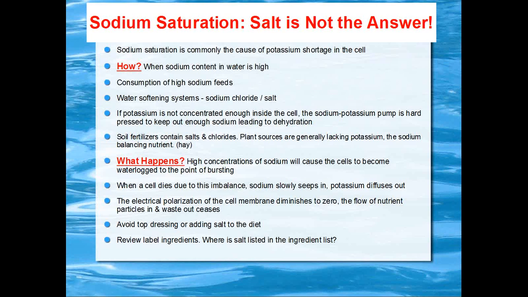Just to give you an idea, there is a negative voltage inside a neuron, somewhere between -70 to -80 millivolts. It's very interesting. So that electrical polarization of the membrane is diminished to zero, and then really there is no cellular structure left. The flow of particles and waste in and out ceases.